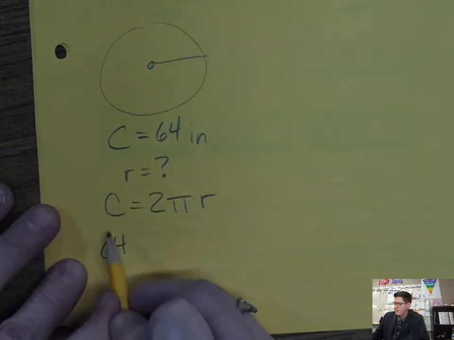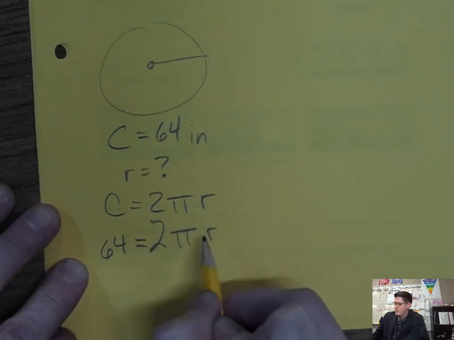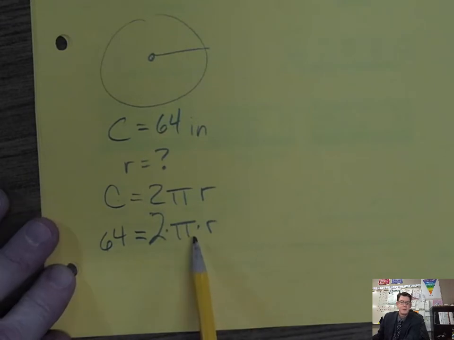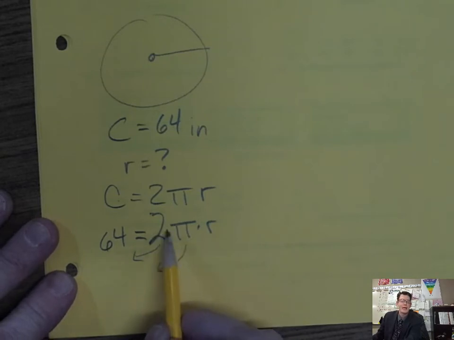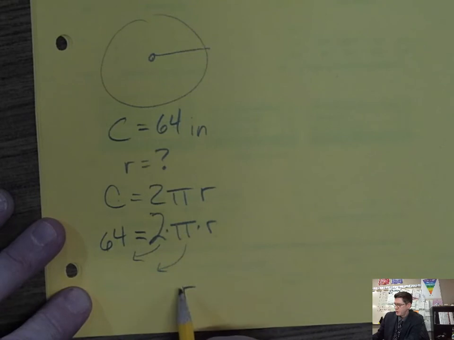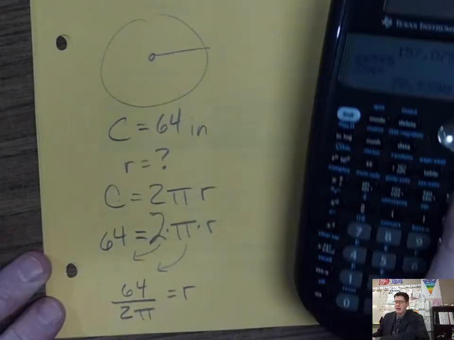So 64, that's the circumference, is 2 times pi times the radius. And how can I figure out the radius? Oh, well, I can just divide by the 2 and divide by the pi. I can undo the equation. So r equals 64 divided by 2 pi. And I just type that in the calculator.